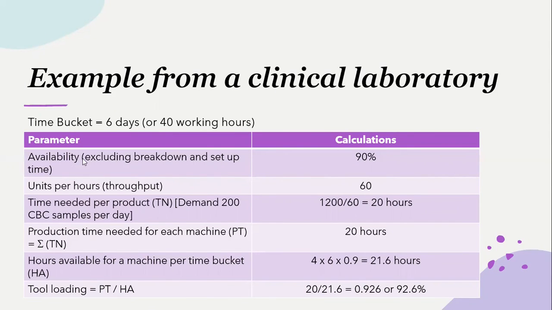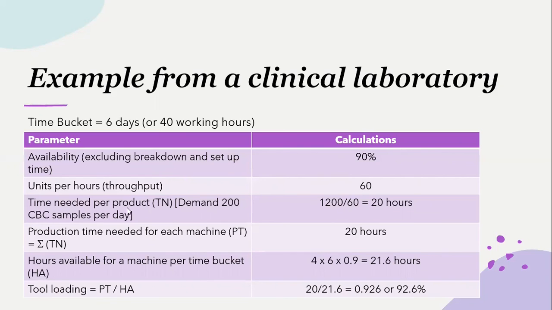The availability of the hematology analyzer after excluding breakdown and setup time is 90%. In 10% of time, it is in breakdown and repair. Units per hour produced, that is the throughput of our hematology analyzer, is 60 samples per hour. That is, it runs 60 CBC samples in an hour.